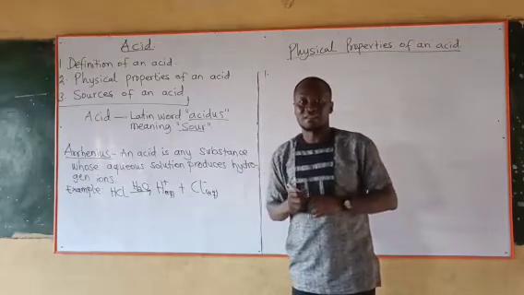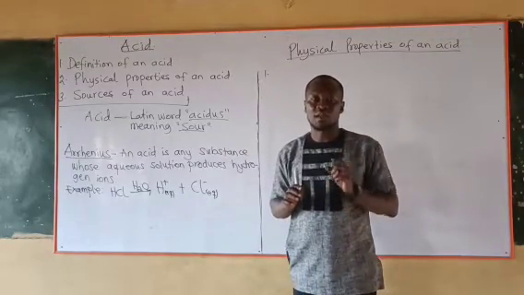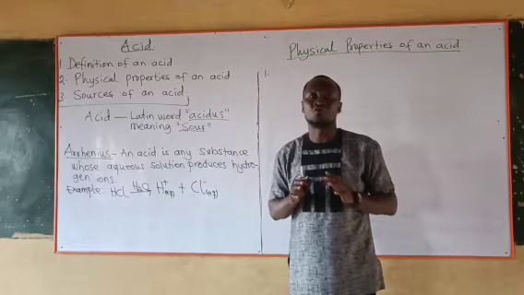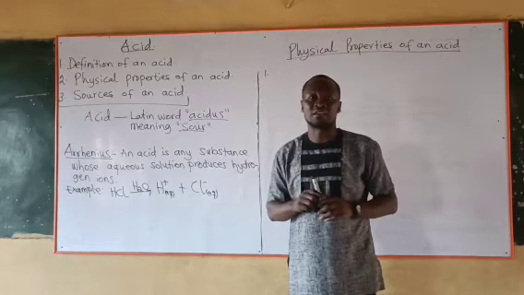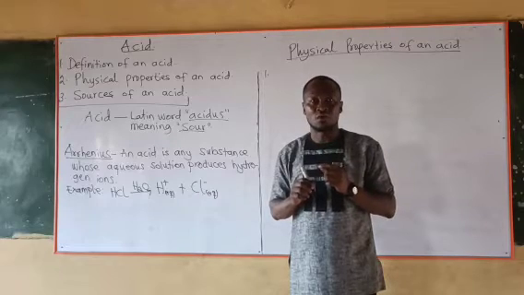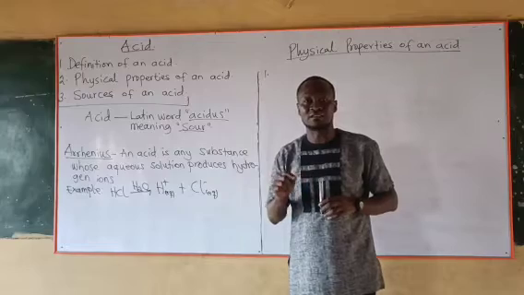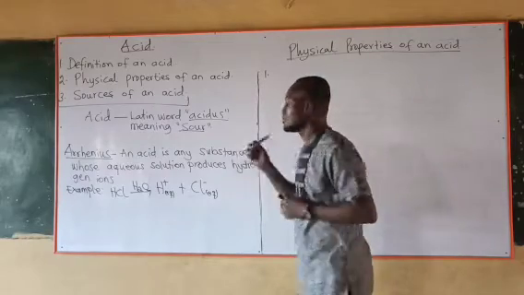An acid tastes sour. That is one physical characteristic that you can use to identify a solution which is an acid. It tastes sour, or anything when you taste and then it has a sour taste, it contains an acid.